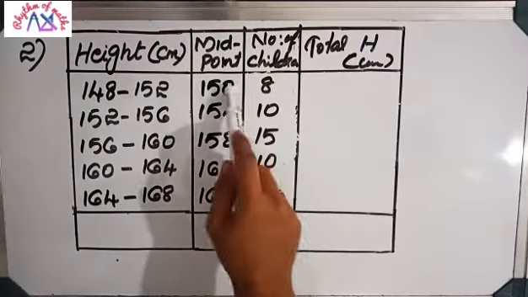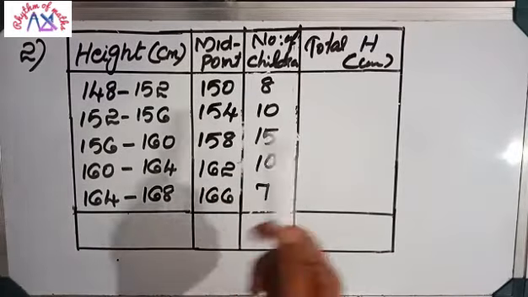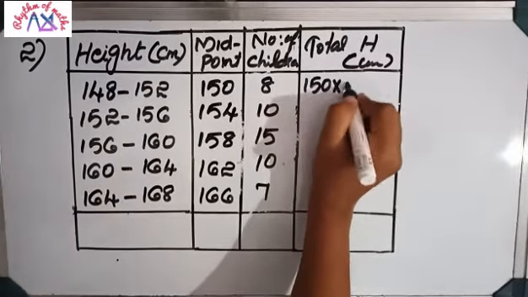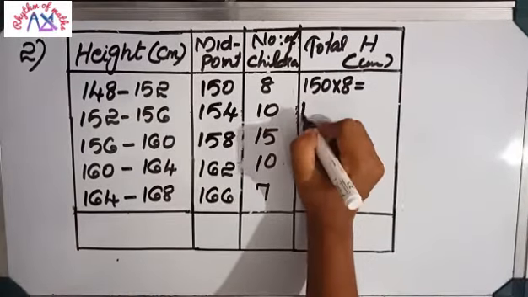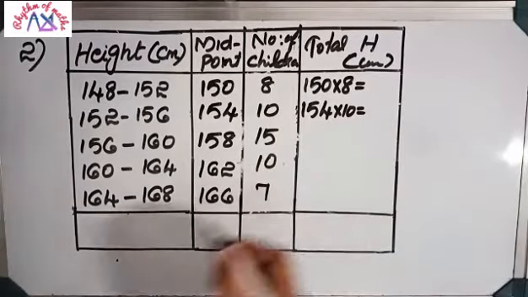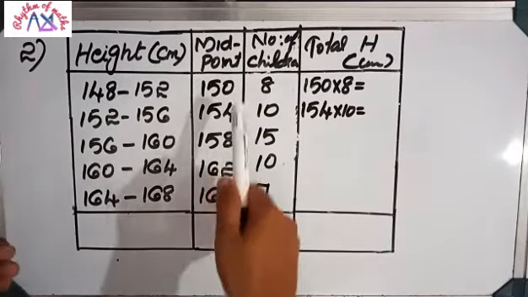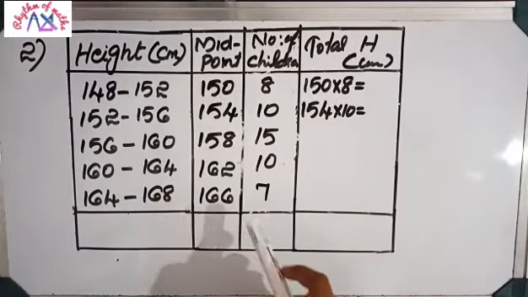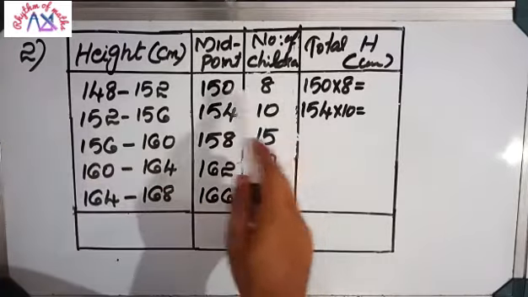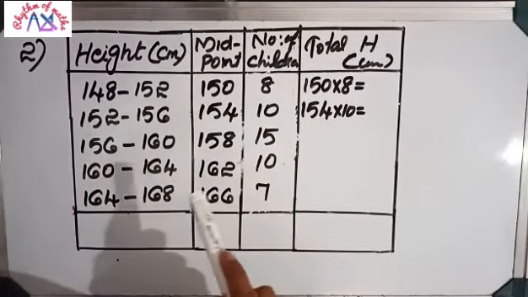Total height means multiplying these two numbers like the previous method: first 150 into 8, then 154 into 10, and like that for all the numbers. Only finding the midpoint is the change here. Just find the midpoint first, then multiply these numbers.